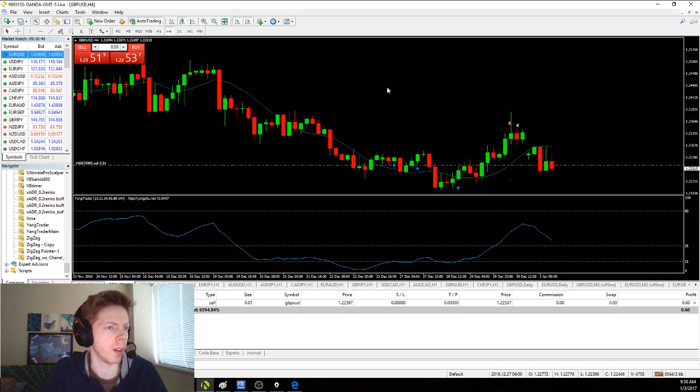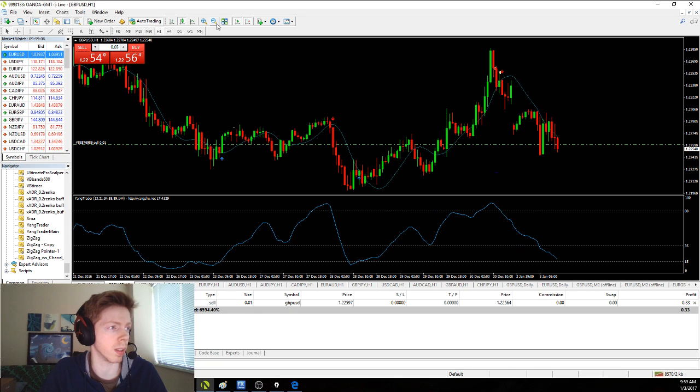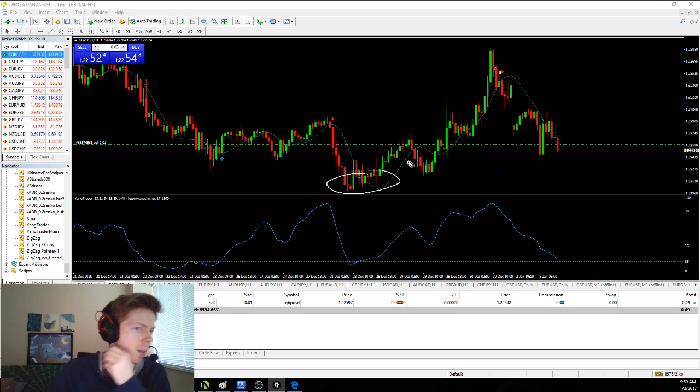And like I said before, I kind of missed out on my opportunity of holding a position over the weekend, and it's going to continue to fall. Because the USD strength is still heavy against the pound, I would guess it continues to fall lower and potentially tests this 1.22 area.